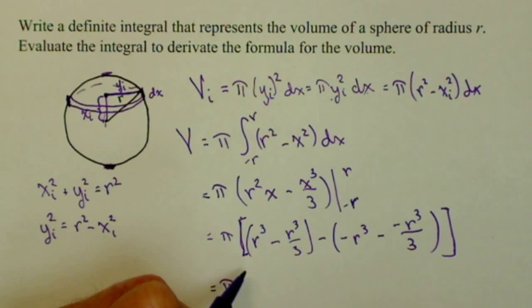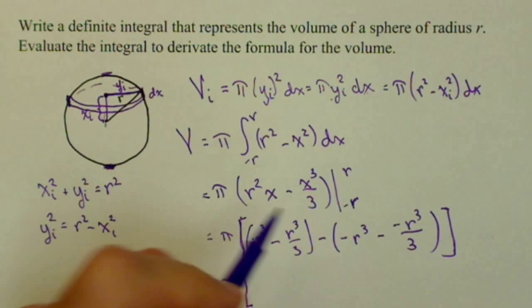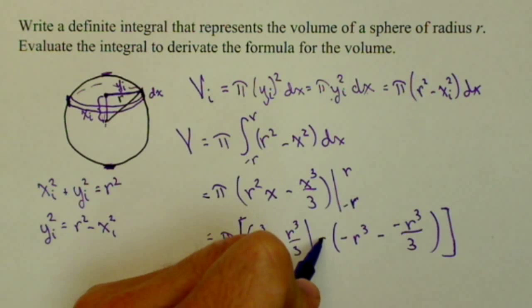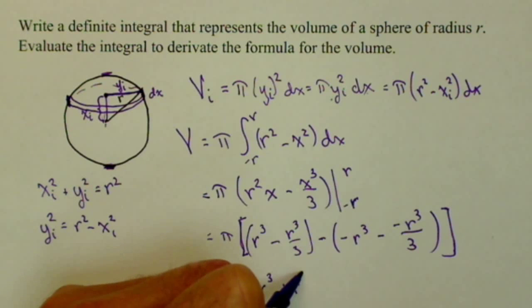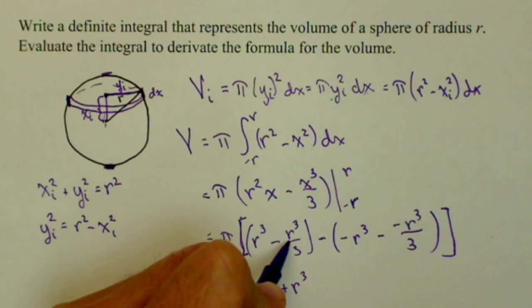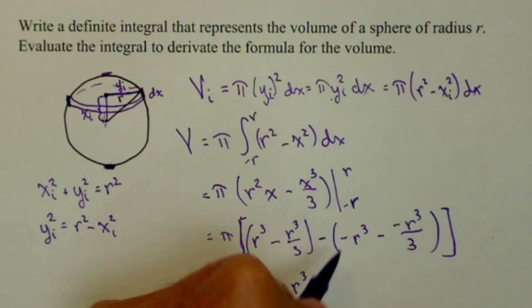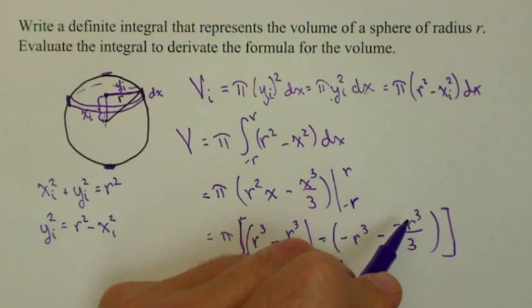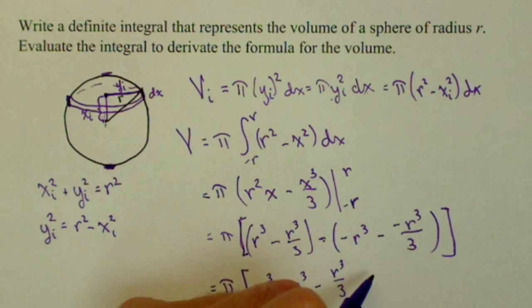And I'm going to leave the pi out of it for right now. So let's see how this is going to play out. So I'm going to have r cubed minus a negative r cubed. So plus r cubed minus r cubed over 3. And check this out. I'm going to have minus, minus, minus. So 3 of them is going to keep it negative, so minus r cubed over 3.